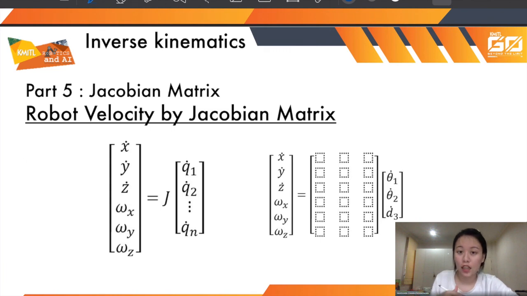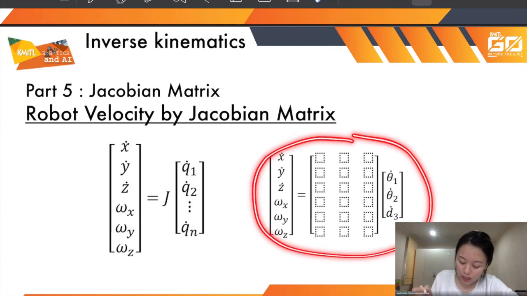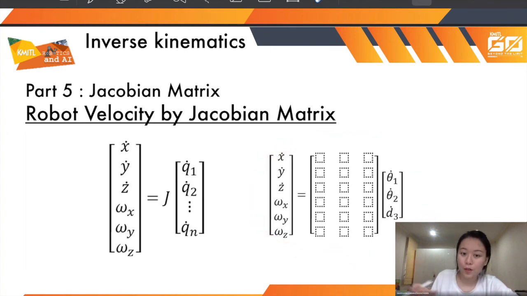This one is the table for making the Jacobian matrix for the three-joint robot. First of all, I will tell you what parameters we use in the Jacobian matrix.